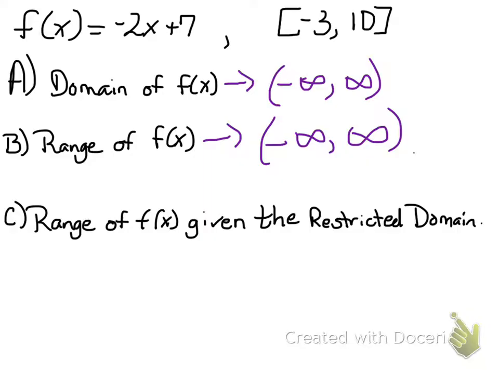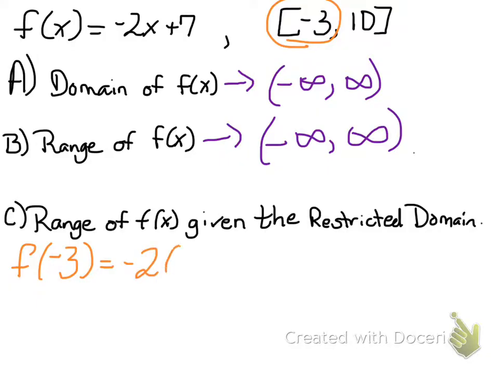Now, let's find our range with the restricted domain. This is going to be a straight line, so if I find my starting point on that domain, so if I find out what f of negative 3 is, then I know one of my points for my range.